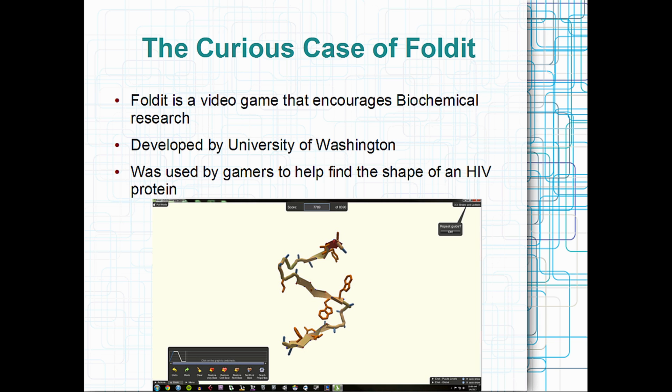When the data was given to the biochemical people in the department, they cross-checked it and replicated it in the lab, and found that it worked. These people using Foldit had found out what this strain of HIV's protein shape looked like. So in that way, gaming was used to assist chemical research.